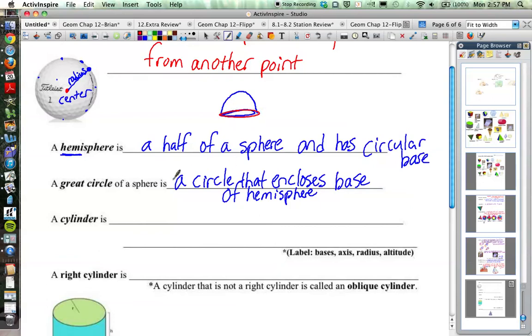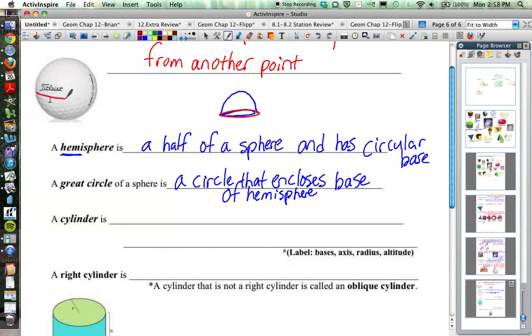And so if you can imagine, I'm going to do a little erasing with our golf ball over here and redraw it. So think of this right here as the equator of our golf ball. And maybe we can even draw that a little bit better.